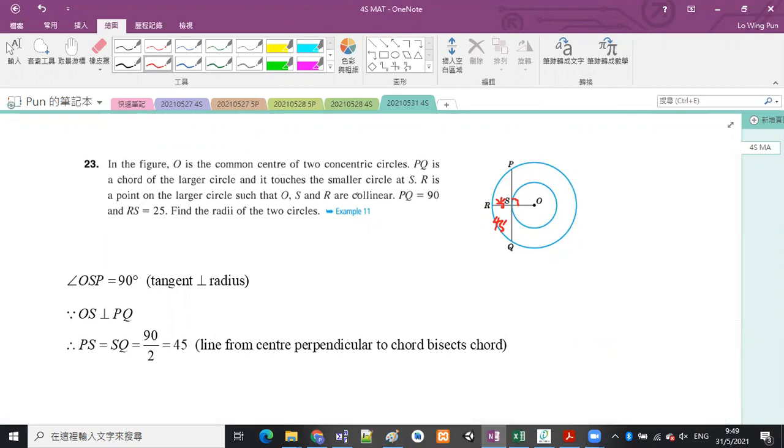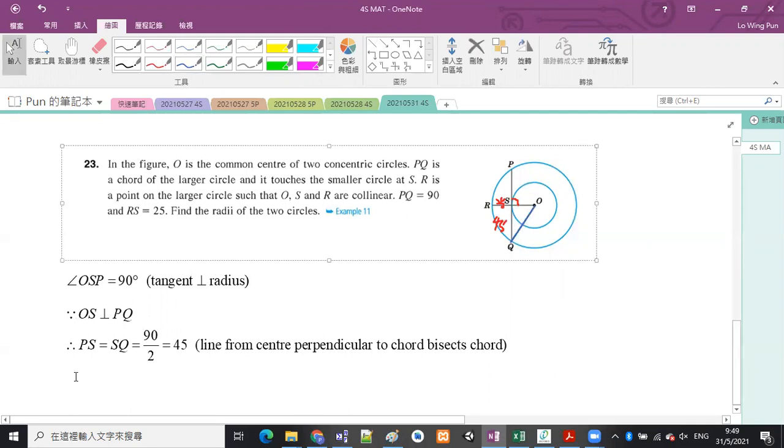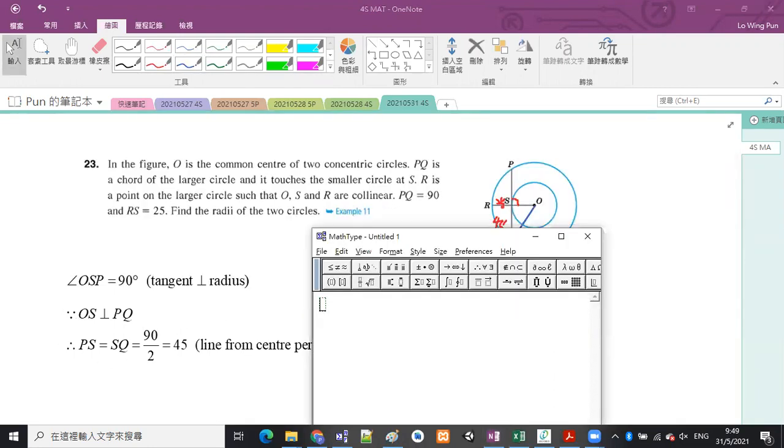Okay, this time we need to let some variables. I'm going to let capital R be the radius of the larger circle. So let R and small r be the radius of the larger circle and that of the smaller circle, respectively.